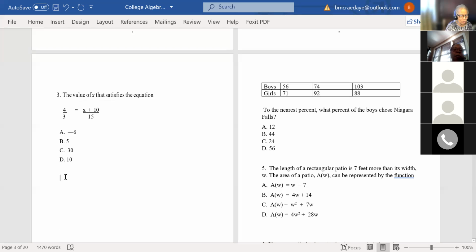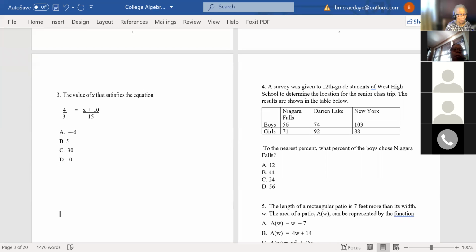Tell me what answer you get for number 3. A, B, C, or D? Cross multiply, solve for X.